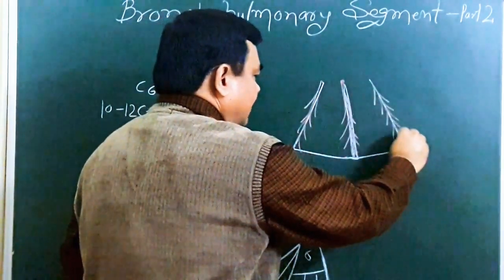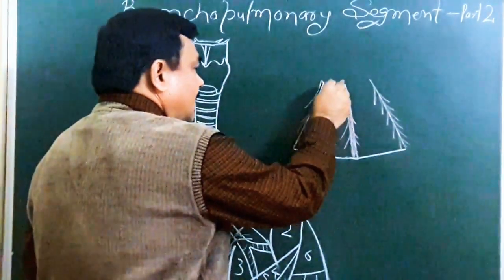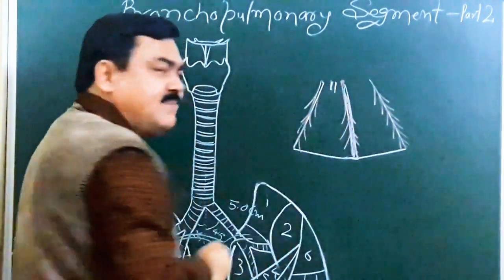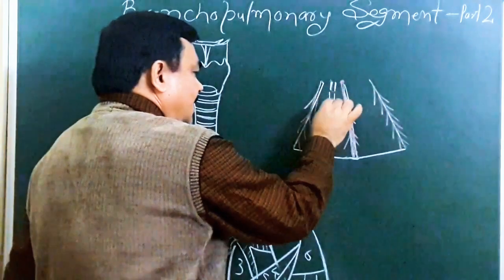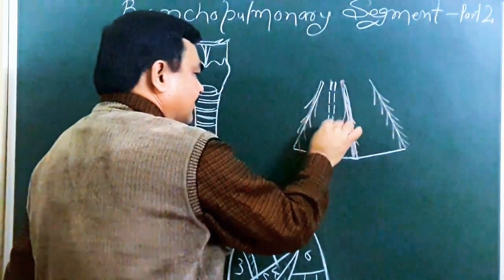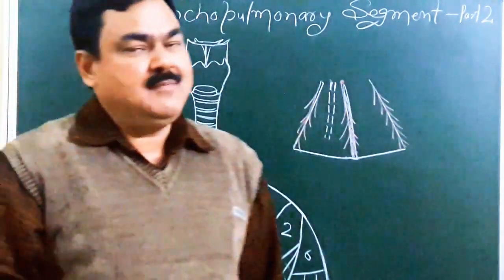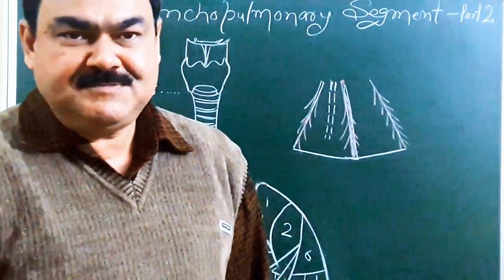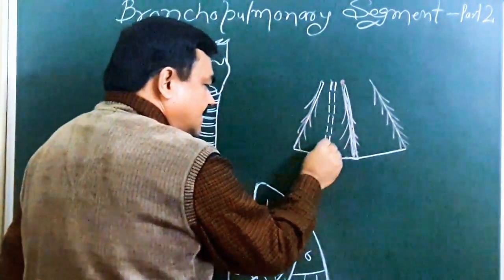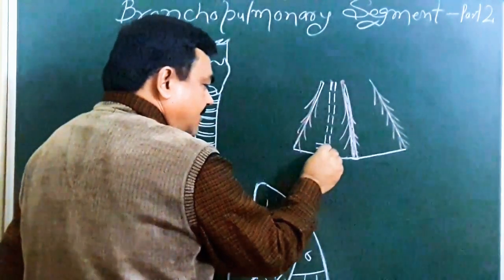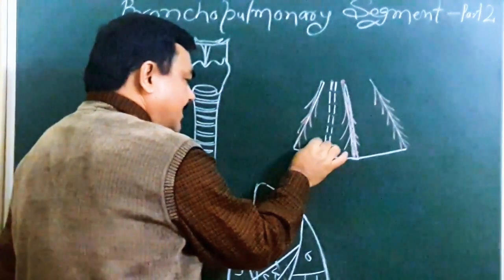Here is pulmonary vein. Here is tertiary bronchus. This tertiary bronchus divides into several divisions and forms terminal bronchiole, and terminal bronchiole divides and forms respiratory bronchiole. Respiratory bronchiole continues with the alveolar duct, which is continuous with atrium and alveolar sac.